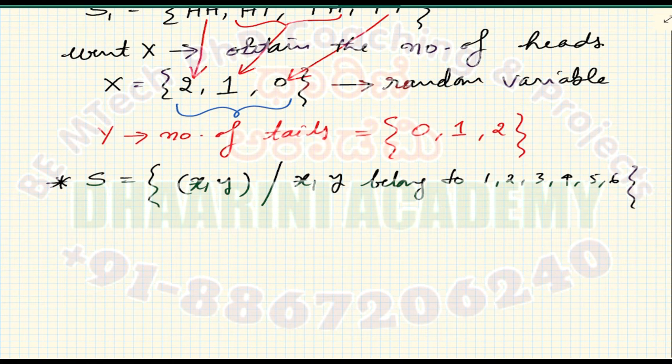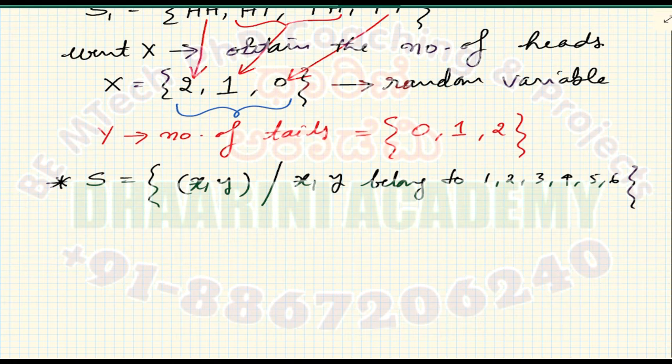Okay, this is a sample space. Now, can you tell me how many entries are there in this S? If I expand and fill this completely, how many will there be? You write (x, y) as 1 1, 1 2, 1 3, 1 4, dot dot dot, 1 6, then 2 1, 2 2, 2 3, 2 4, dot dot dot, like that. I fill up all the possible entries. The last entry will be 6 comma 6.